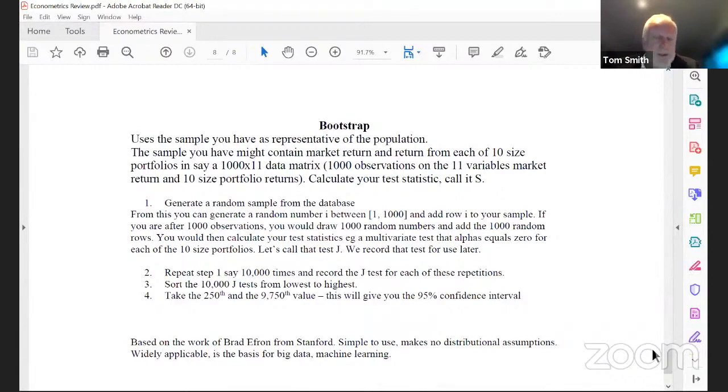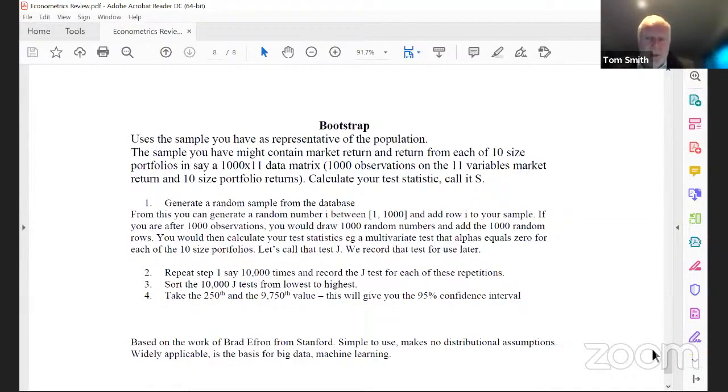Then I repeat step 1, say 10,000 times, and record the test from each of these repetitions. Once I've done the 10,000 different tests, I would sort the tests from lowest to highest. If I take the 250th value and the 9,750th value, that gives me the lower 2.5% and the upper 2.5%, and it gives me the 95% confidence interval.